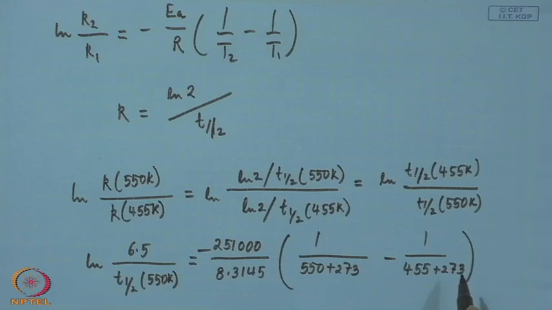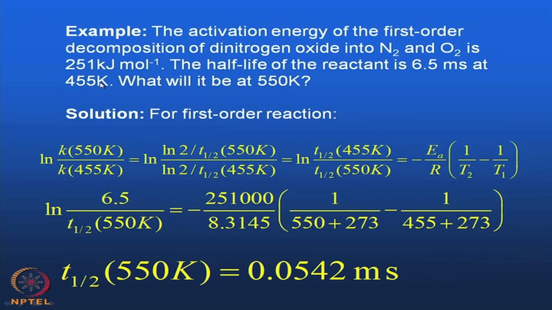Actually, in the question it should be 455 degree centigrade, not Kelvin, otherwise we should not have added 273. Similarly, I should write 550 degree centigrade.